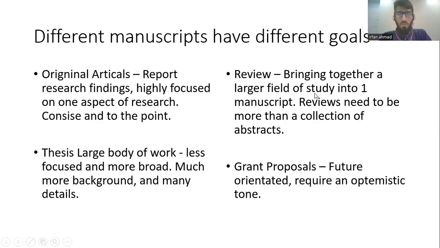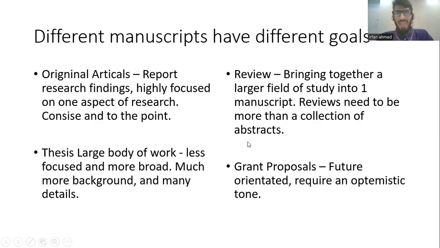So the main difference from the thesis, the large body of work, is that in the methodology of a thesis you also put your own findings and your own research, because you also collect the data in that type of research. But in a review, there is no need to collect your own data. This is only secondary research. You primarily rely on other works, what others did. So the main focus here is to combine the scattered findings and articles into one manuscript.